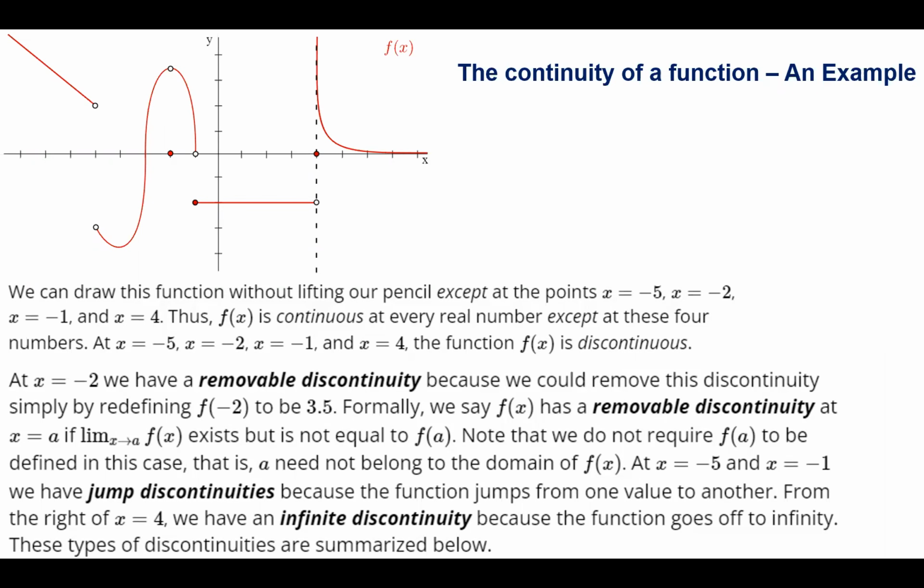Okay, so let's have a look at the difference between these discontinuities. First, at x equals -2, we have a removable discontinuity because we can simply remove the discontinuity by redefining f(-2) to be 3.5, right? You understand?